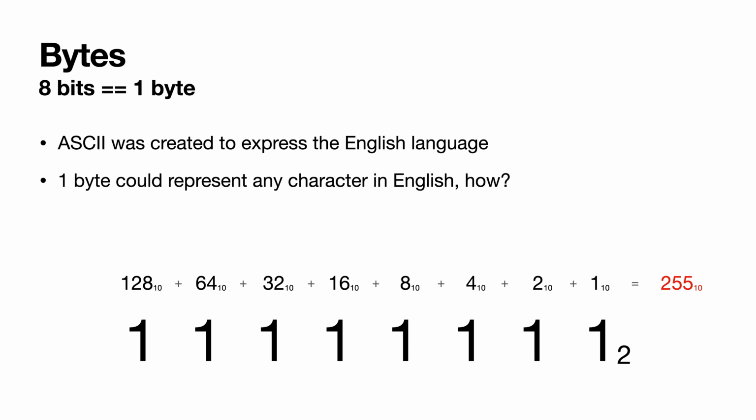So for now, we'll just accept that instead of just calling it bits, we're going to use bytes a lot of the time. And many times when you talk about data, say your hard drive has 256 gigabytes. Well, that means that it's able to store that many bytes. So it's able to store that much data, which is a huge amount of data now.